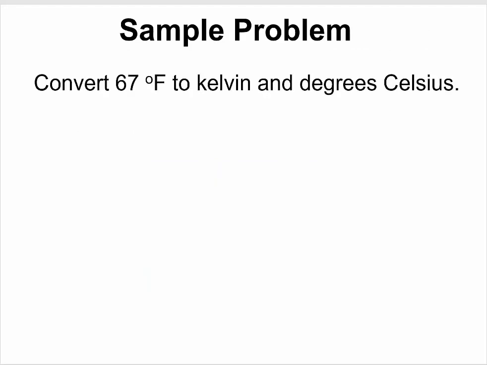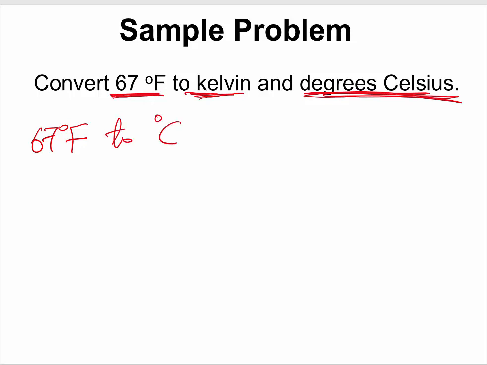Let us take a look at a question to practice what we have learned so far about temperature conversion. Take a look at this question. We want to convert 67 degrees Fahrenheit to Kelvin and degrees Celsius. The very first thing I would do if I were you is to convert the 67 degrees Fahrenheit to Celsius. And to do that, as you know, we're going from Fahrenheit to Celsius, we should expect something smaller in value.